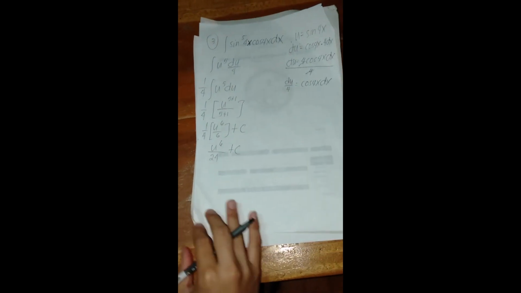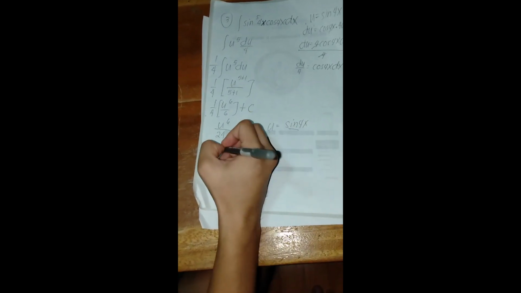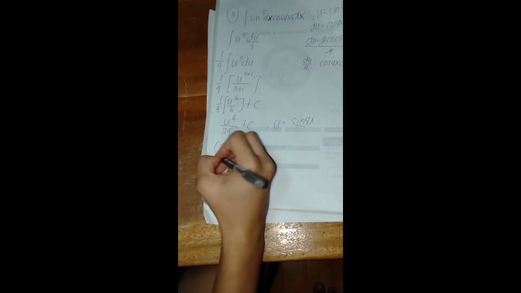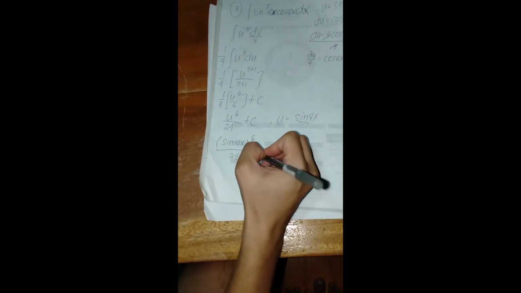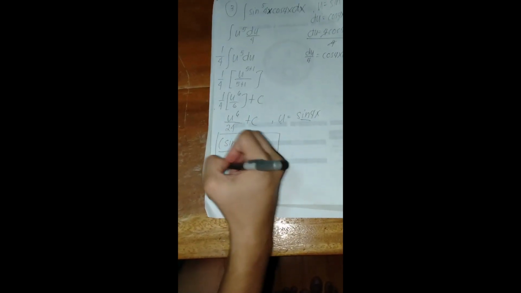So and last step. Kung ano yung tinanggal, ipapalit, which is yung u, diba? So yung u mo equals to sine 4x. So, balik natin. So, magiging yung u, balik mo yung sine 4x. So, sine 4x raised to the 6 over 24 plus c. Okay. So, pwede na yan. So, clear kayo.